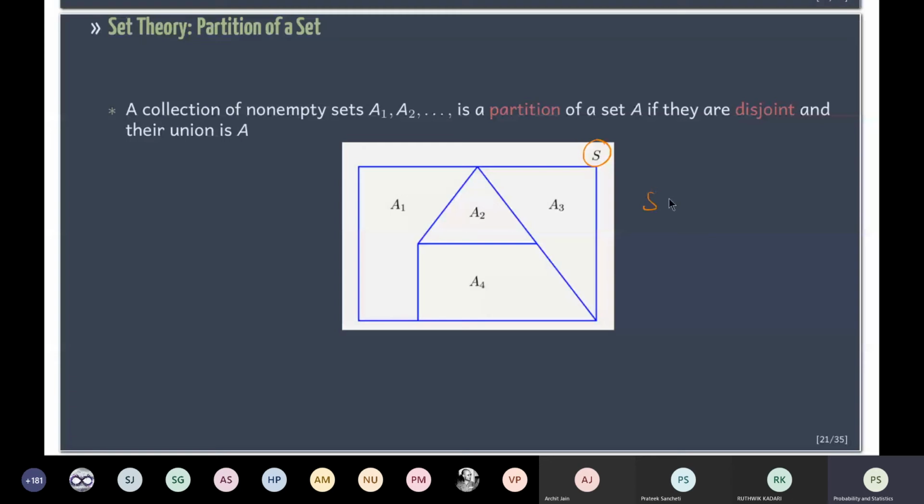This is called partitioning of the set, and they must be mutually disjoint. So A1 intersection A2 must be empty, A2 intersection A3 must be empty, and so on. All the sets in the partition must be disjoint, and their union must be the whole of A. In this case we used S, so the set we are talking about is S here.